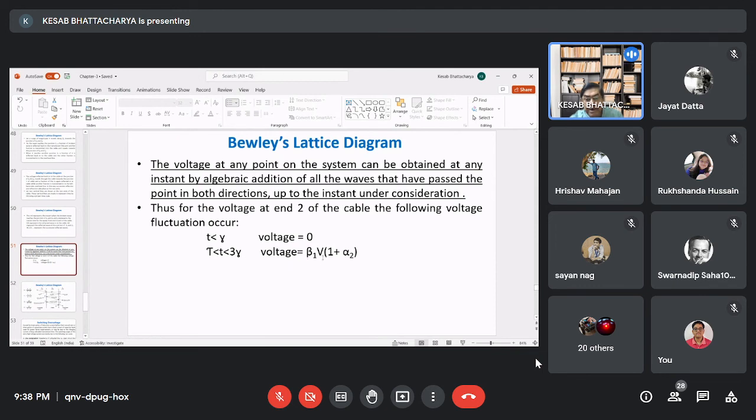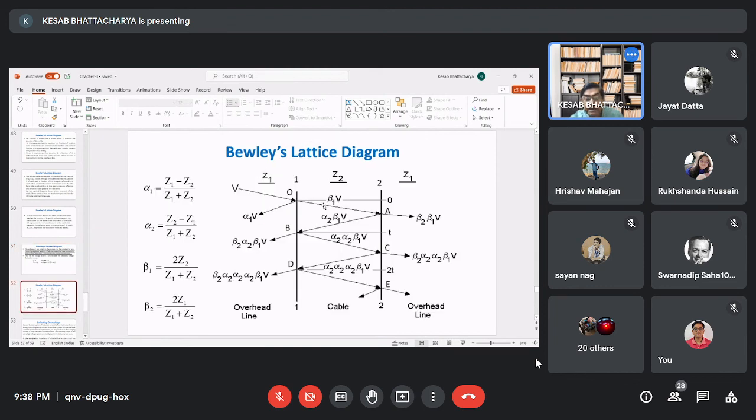the voltage will be beta 1 into V into 1 plus alpha 2. Why is it so? Beta 1 into V is this one, the voltage, and the second voltage that is reflected from here is alpha 2 into beta 1 into V. Now when the time is equal to 3 tau, then this fraction we have to take, alpha 2 into beta 1 into V. But when it is less than 3 tau, only these two voltages are to be considered.